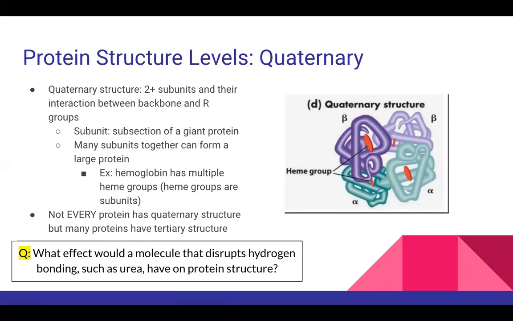One example question, if you want to answer this in the chat or unmute yourself real quick. What effect would a molecule that disrupts hydrogen bonding, such as urea, have on protein structure? I said that the structure would fall apart. Well, yes, but specifically which part of the structure? Everything except primary, right?